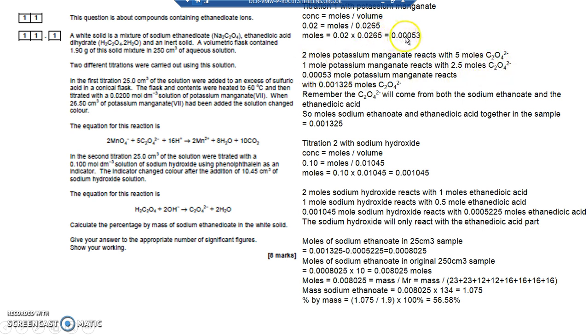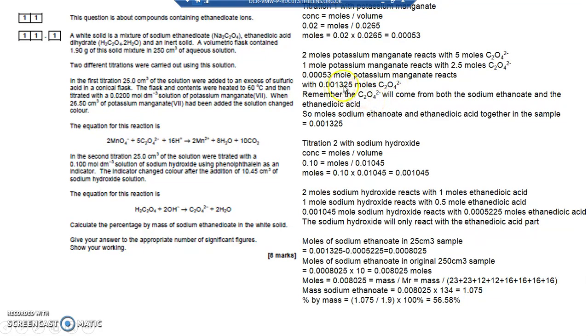So if I've got 0.00053 moles of potassium manganate(VII), it must react with 2.5 times that. So 0.00053 multiplied by 2.5. I've now worked out the number of moles of ethanedioate that I've got.